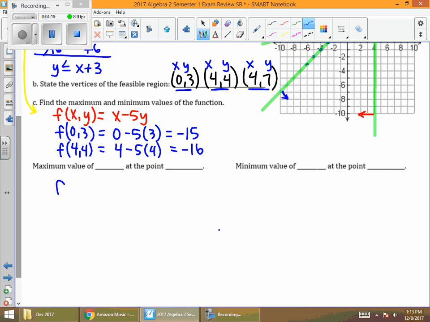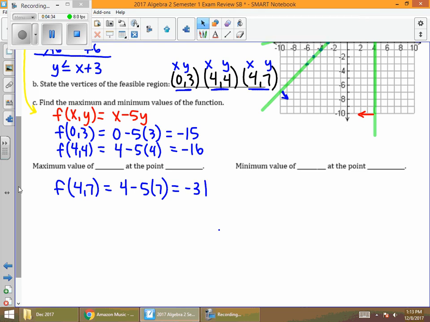And then the last one, 4, 7, we have 4 minus 5 times 7. So 4 minus 35 will give us negative 31. All right, so from that list, we're looking for our highest value, which they're all negative numbers, but this one would be our highest, and then our lowest number, which would be here.